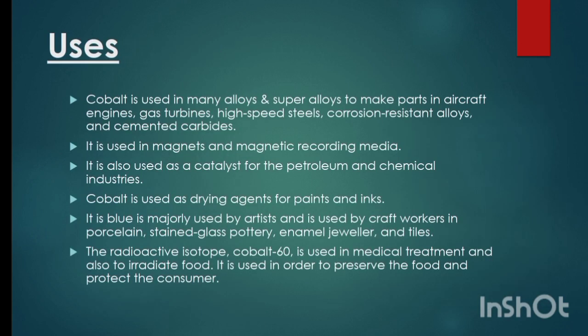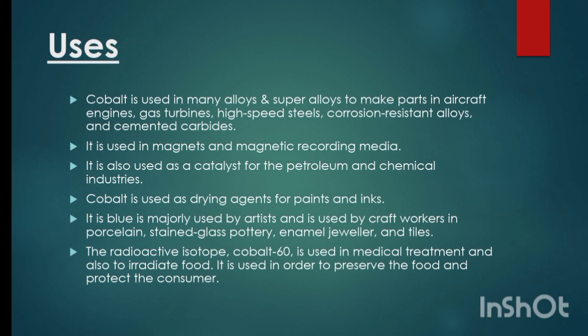Uses of cobalt. Cobalt is used in many alloys and superalloys to make parts in aircraft engines, gas turbines, high speed steel, corrosion resistant alloys, and cemented carbides. It is used in magnets and magnetic recording media. It is also used as a catalyst for the petroleum and chemical industries. Cobalt is used as a drying agent for paints and inks.